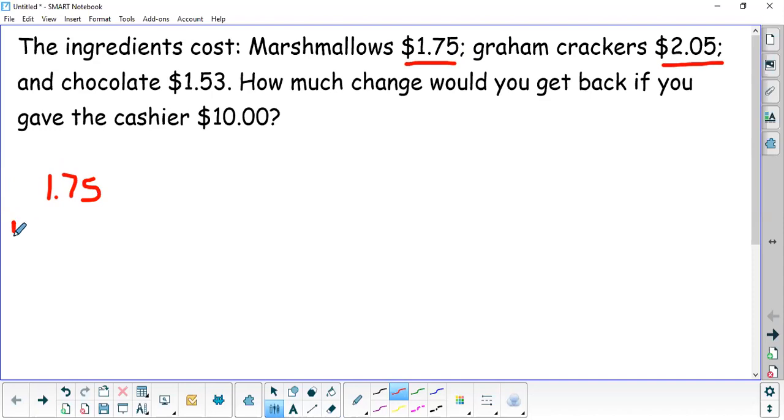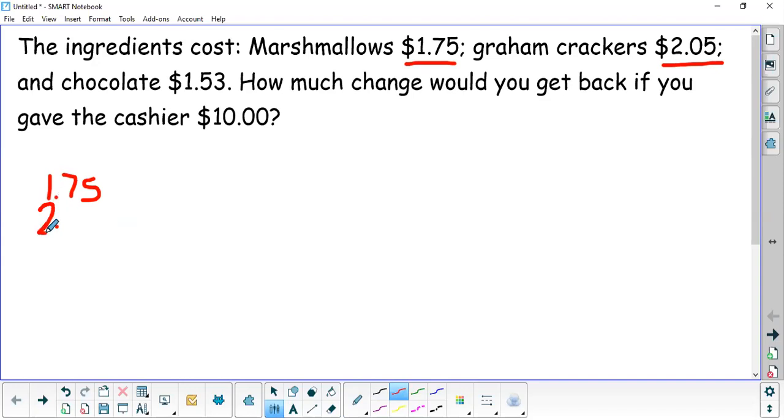So we're going to add $2.05 to that. Oh, I forgot. What did I do wrong? Give you a minute. That's right. What I did wrong is I tried to put my $2 down first. And what's our first step when we do that? That's right. We put our decimal place down because we want to make sure it's lined up. So very good if you got that.